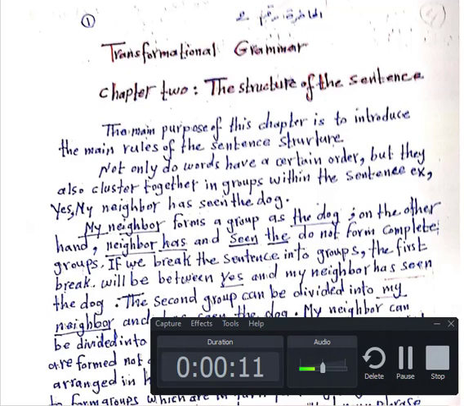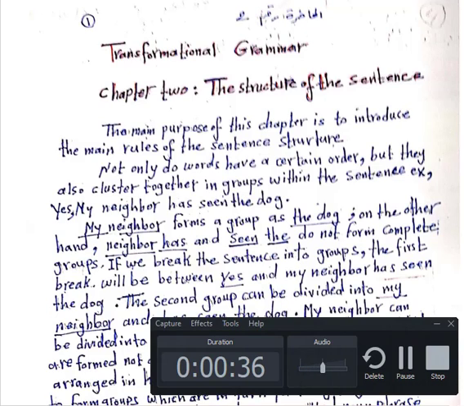Now I will begin to present the second lecture in this course. Our lecture today will be about transformational grammar, chapter 2, the structure of the sentence.